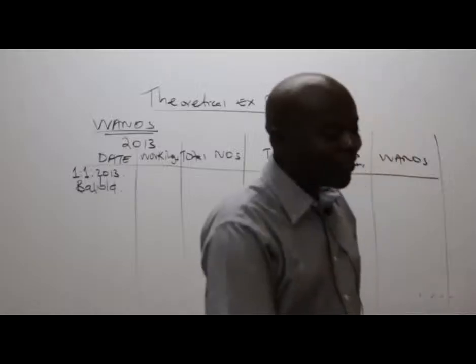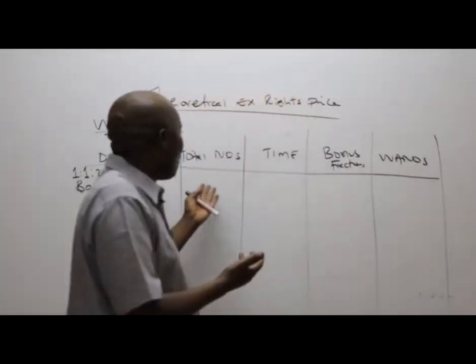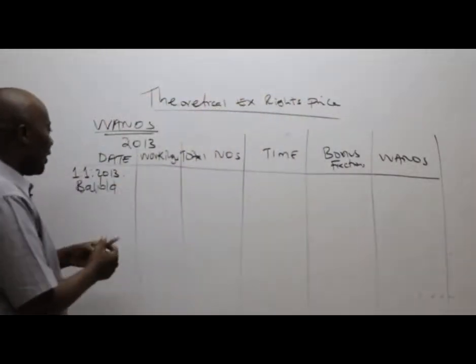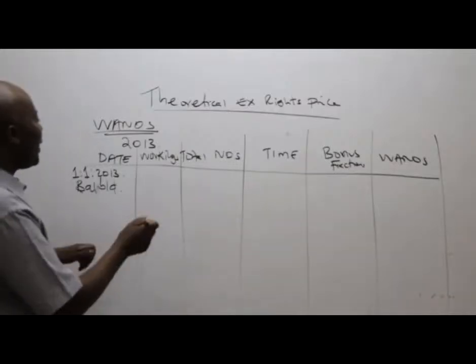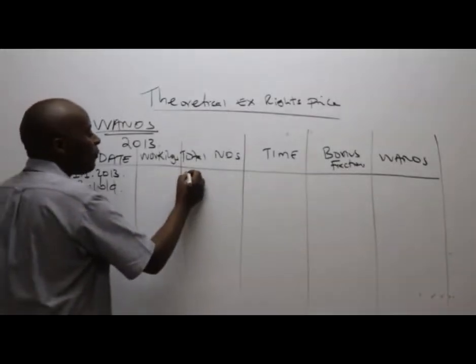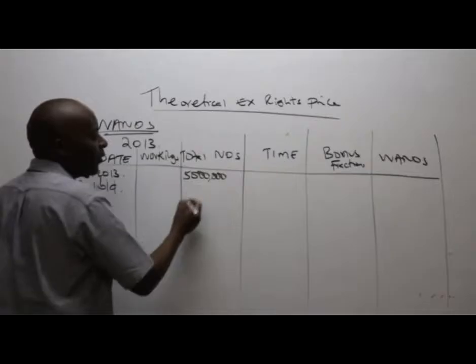So 2013 is closed. I ought not even to have drawn this kind of a big table for 2013. Because in 2013, the total number of ordinary shares here was 5 million.